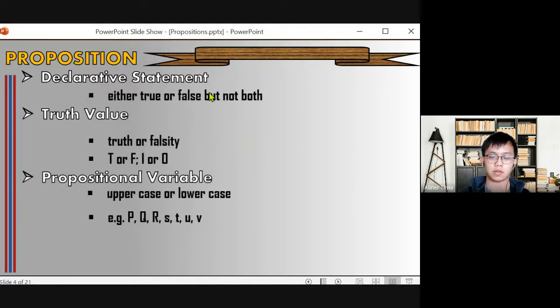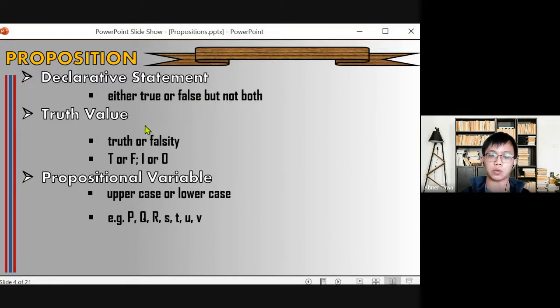So a proposition is not just a declarative statement, but it is a declarative statement that could be identified as either true or false, but not both. If you are given a declarative statement, you should be able to identify if it is true or false, but not both. So that is for proposition.